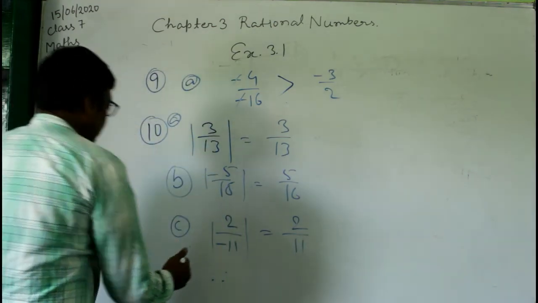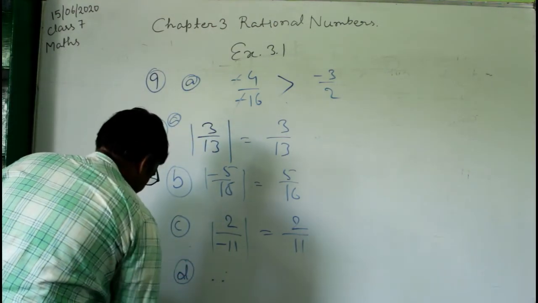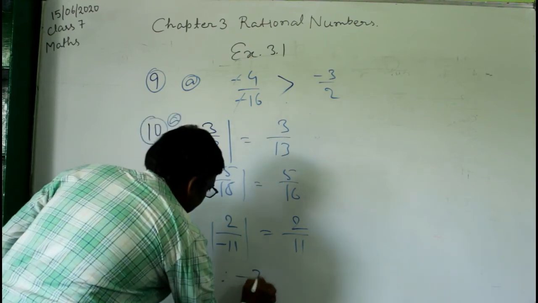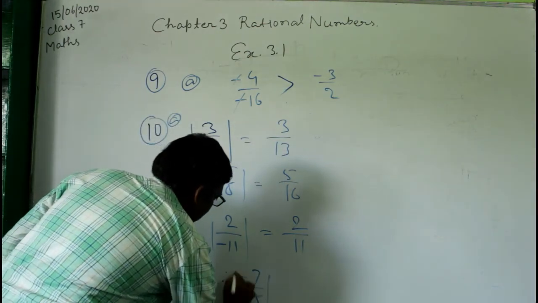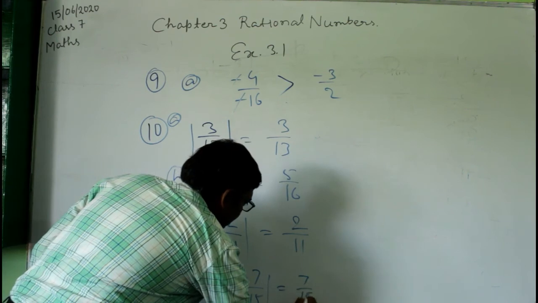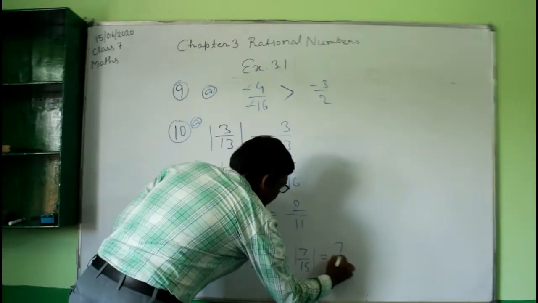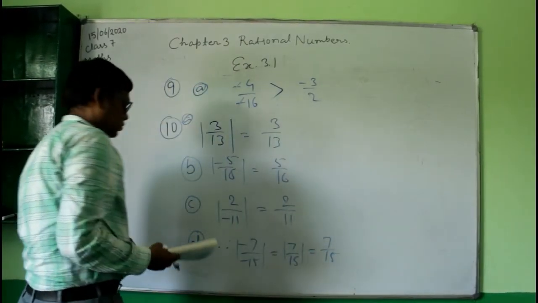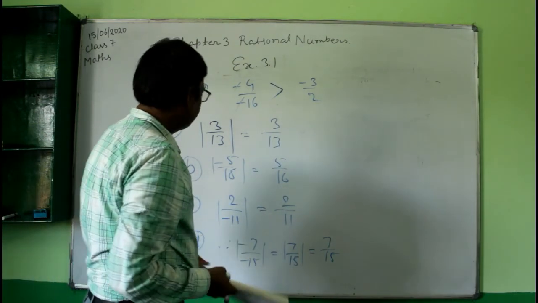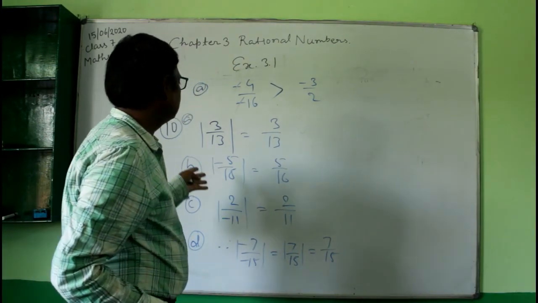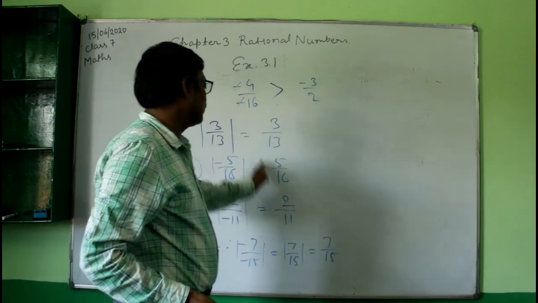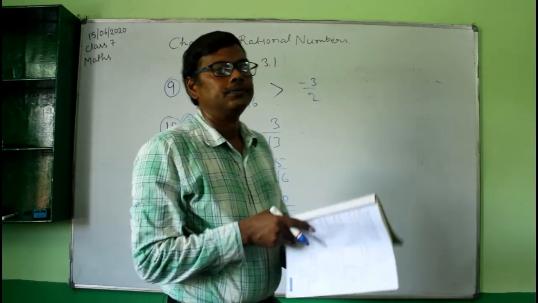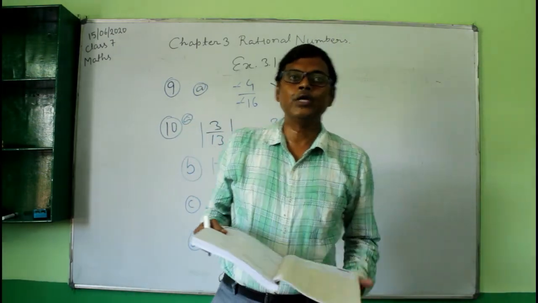And question D, minus 7 by minus 15 equals 7 by 15. Here in every case the answer is always positive. That is the meaning of the absolute value.